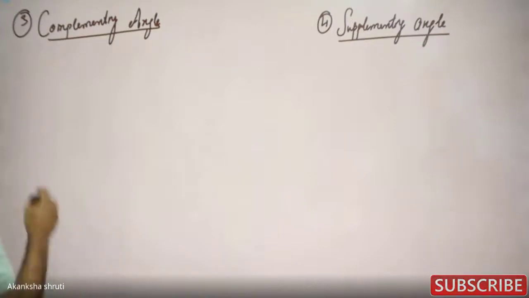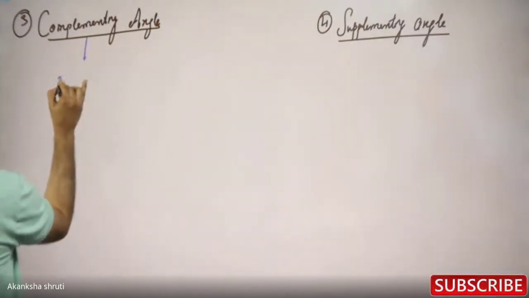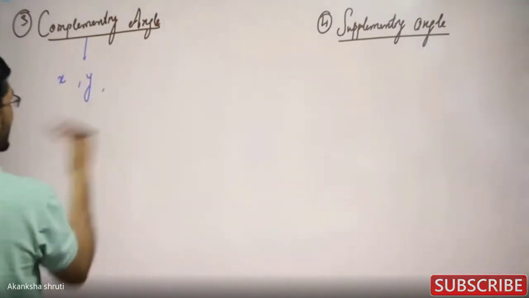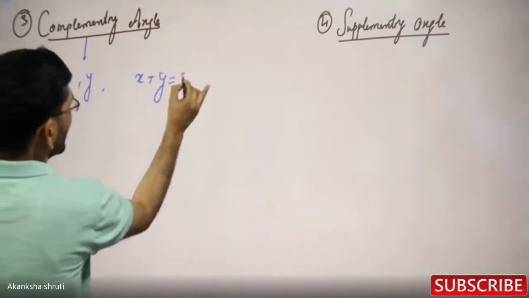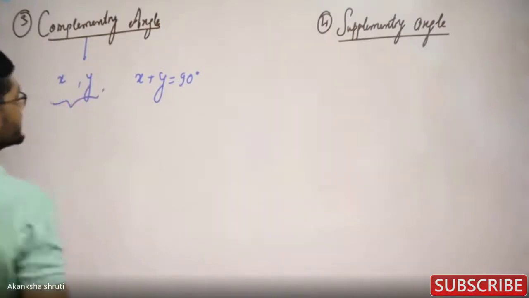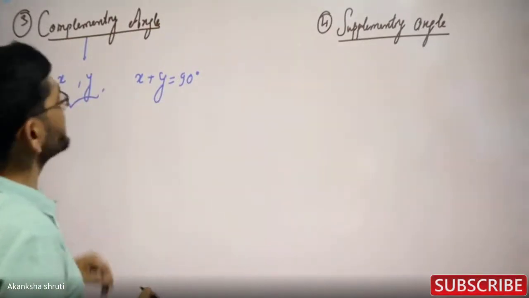What is this? Students, if you are given any two angles x and y such that x plus y is equal to 90 degrees, then this pair is called complementary angles or complementary pair.